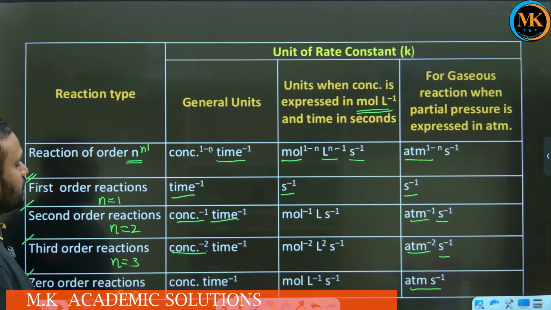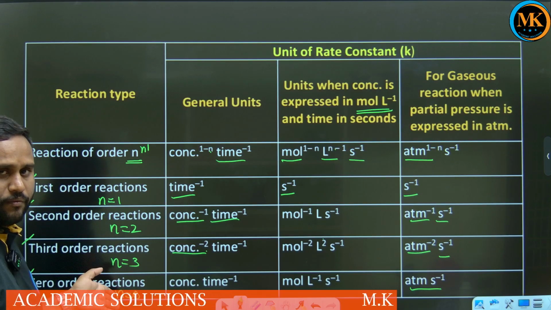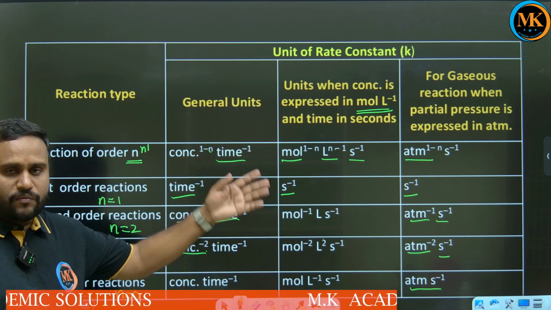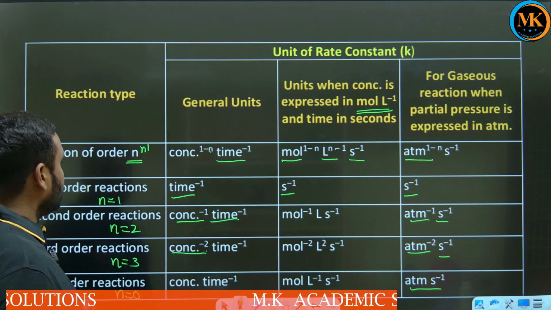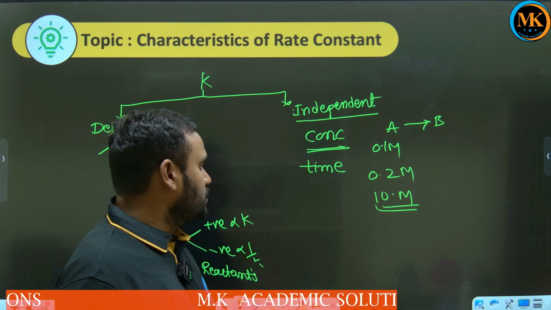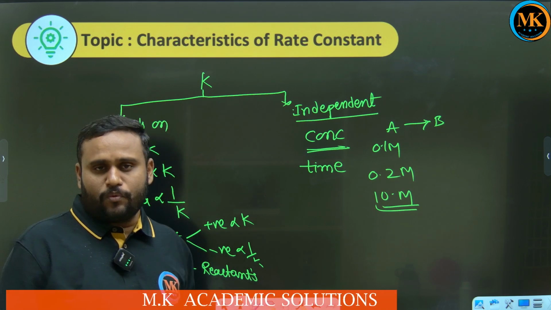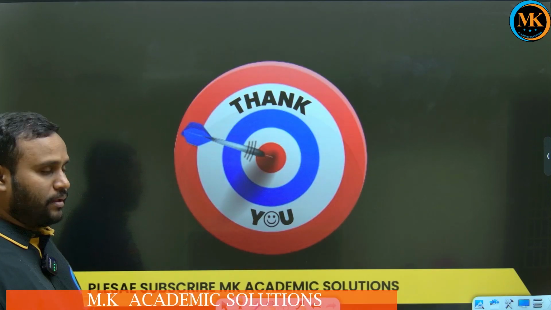Next, we discussed a table for the different orders of reactions like first order, second order, third order, and the units of K in each. Next, we discussed the characteristics of rate constant. This is about the total video lecture, and finally we have arrived at the end of this topic.